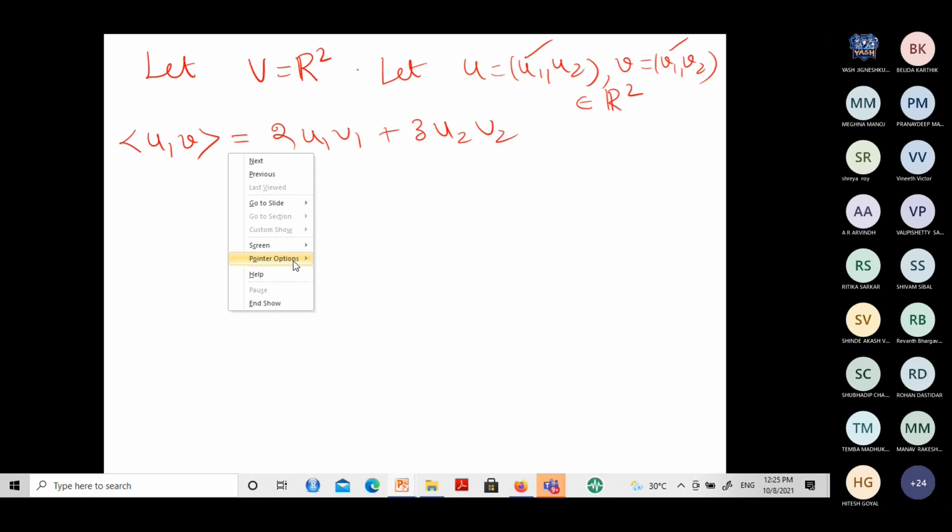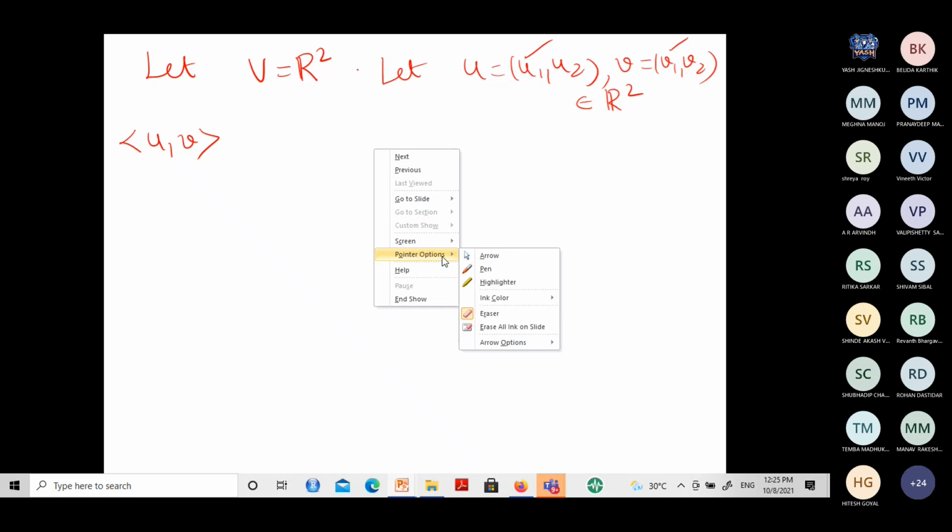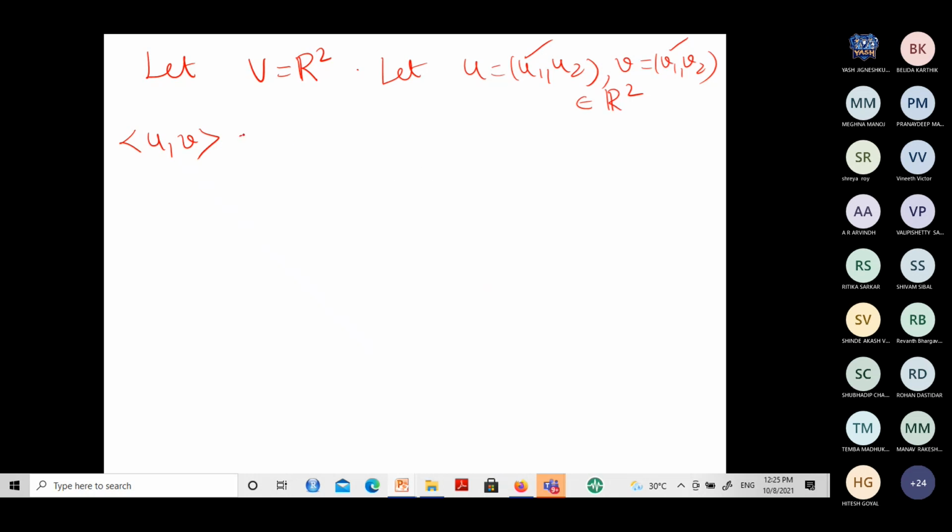Okay, I'll write one more step ahead. That is inner product of U1 comma U2 comma V1 comma V2. It is nothing but 2 times U1 V1 plus 3 times U2 V2.